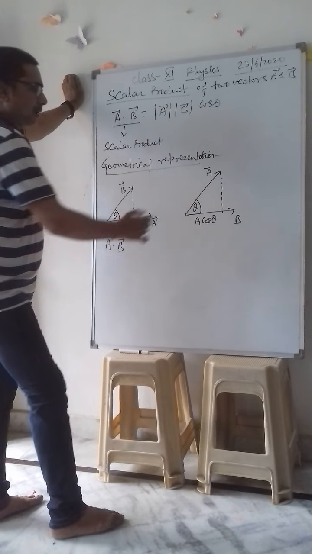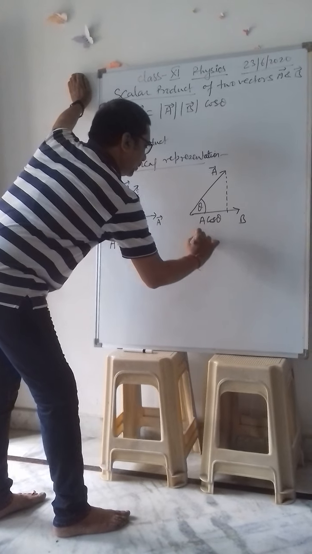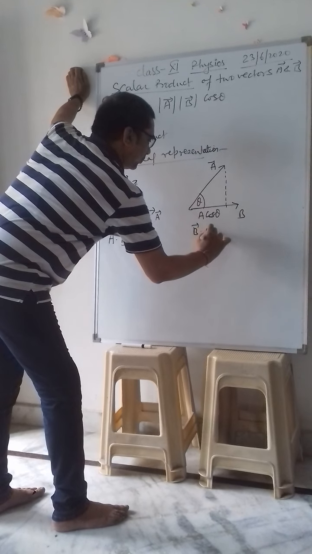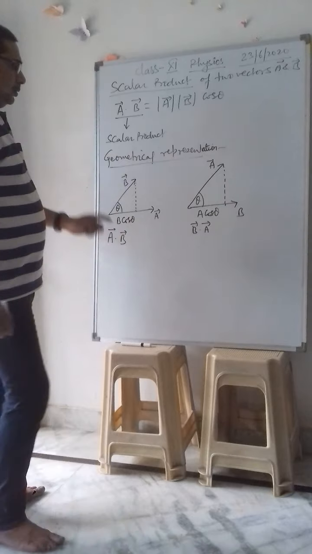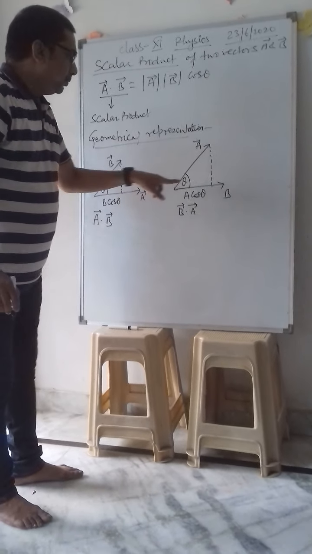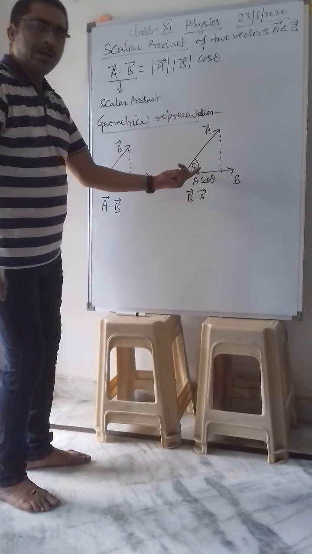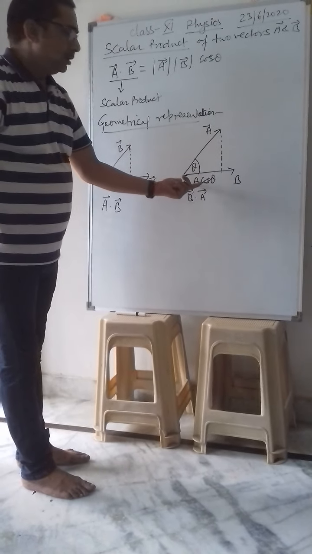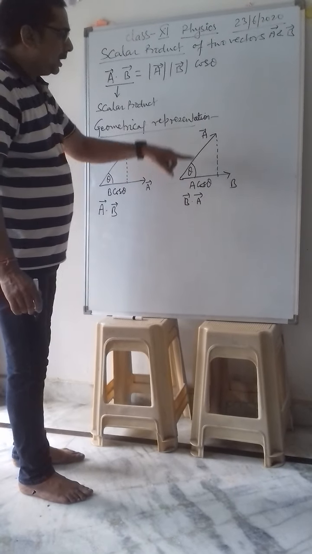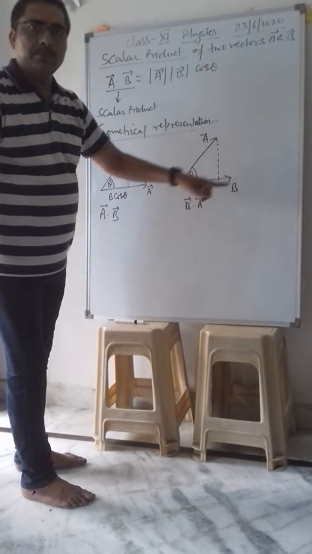Now we can observe the scalar product of B and A. So B dot A is equal to A cos theta and vector B, both in parallel position. So this A cos theta is the projection of vector A on vector B.